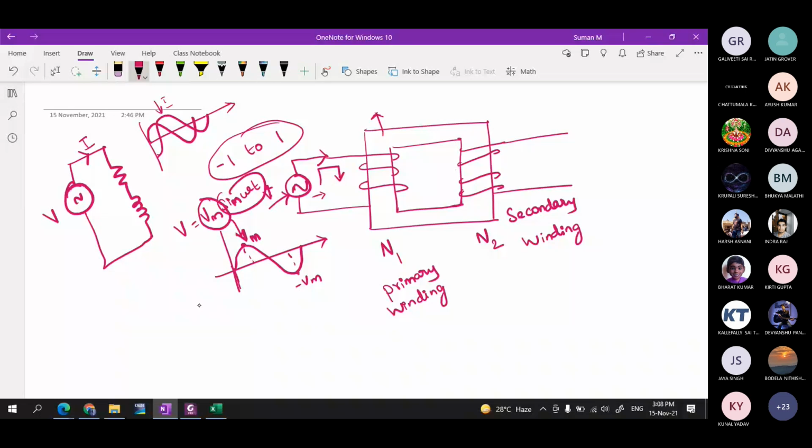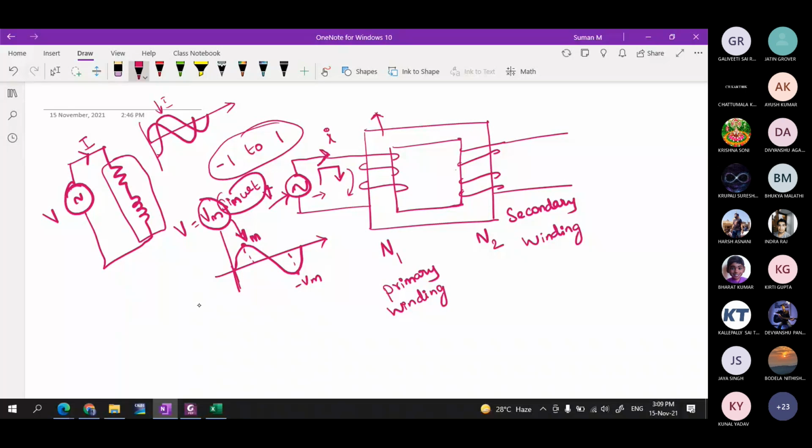So we are applying some supply voltage. This winding is almost similar to a resistor and an inductance connected in series. If you apply some voltage across this, some current will flow because it is a circuit. A circuit means a current can flow. It is a closed path, so you can call it a loop. Since it is a closed path and you are applying a voltage source, some current is going to flow through this path.